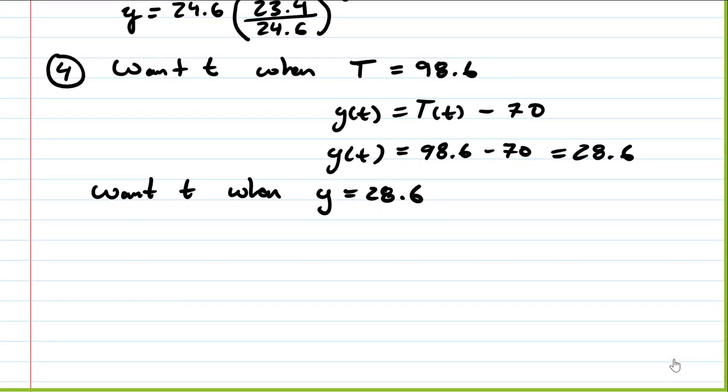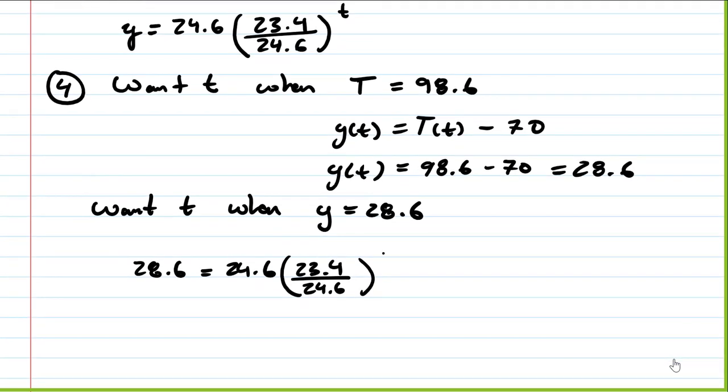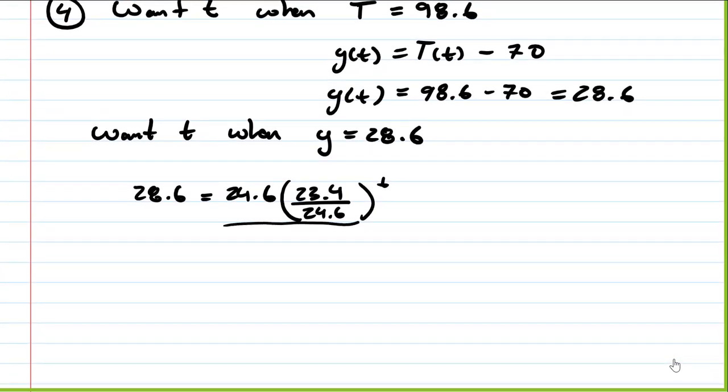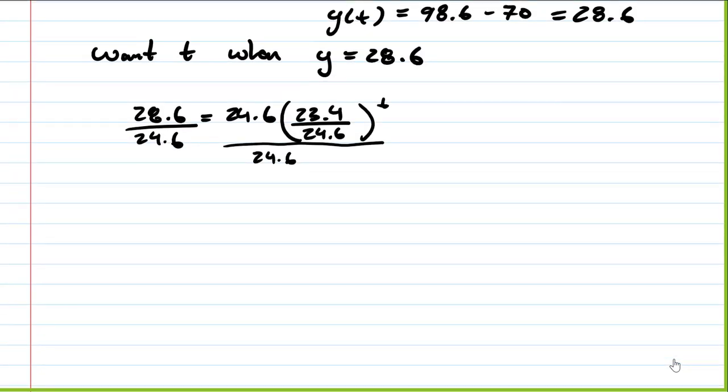So solving for t, we put 28.6 in for y equals 24.6 times 23.4 over 24.6 to the t. We isolate our exponential by dividing by 24.6 and dividing by 24.6. And we get 28.6 over 24.6 is equal to 23.4 over 24.6 raised to the t.